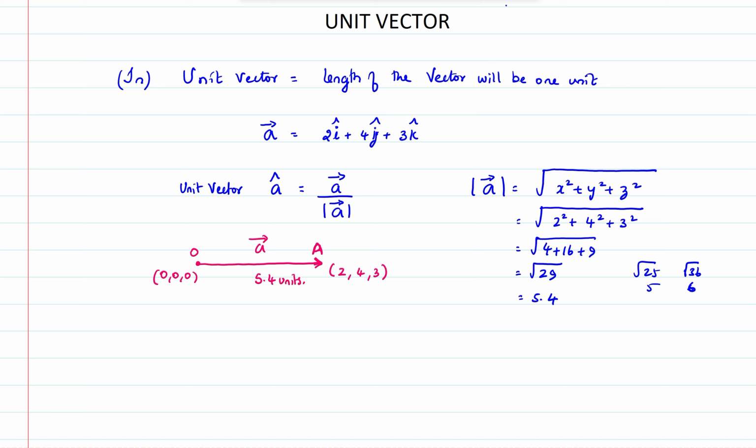Okay. Now what is a unit vector in this? Unit vector will be from the origin towards the direction of the vector until it reaches 1 unit. Now let's find the value of unit vector for this particular example.